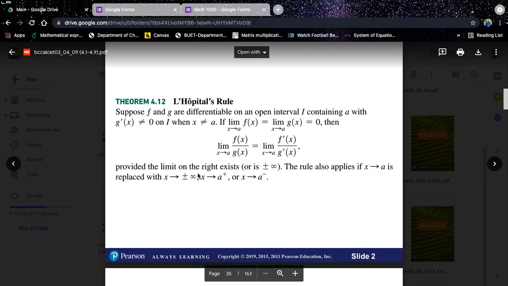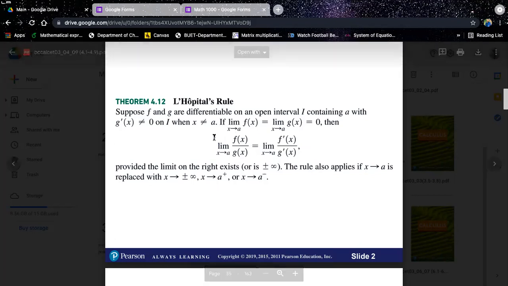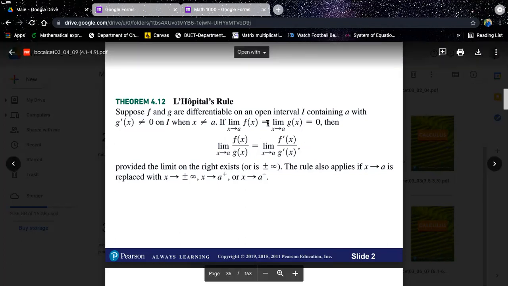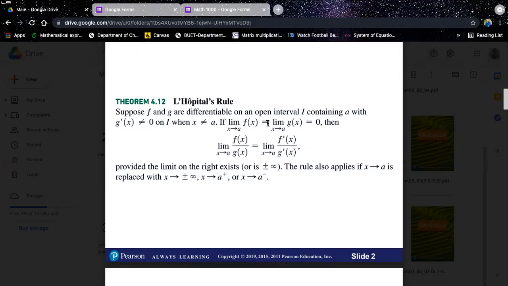If both of these are equal to zero, then our theorem says, as you can see, the quotient of these two functions when the limit extends to zero will be equal to the quotient of the derivatives of those when x tends to zero.